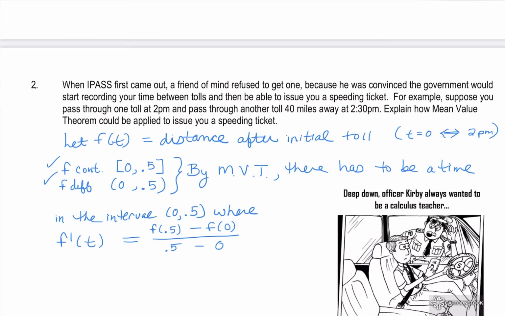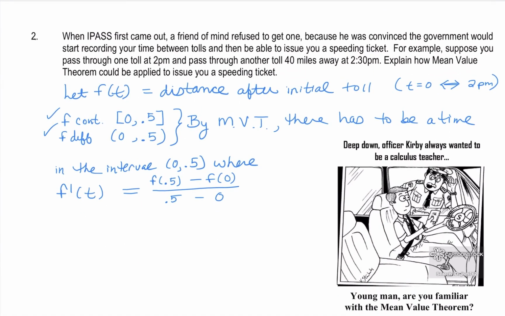So what we're really saying is that there has to be this moment in time where, on this side, our slope of the tangent line, in this case, is the instantaneous velocity.